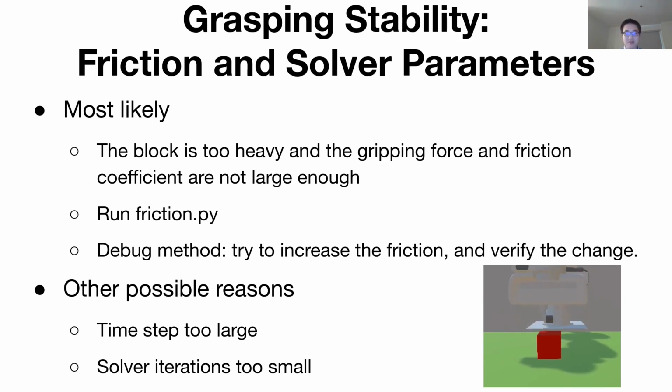To debug this kind of behavior, you can simply increase the friction to a very large number and see whether the grasping would be successful. And there are also other possible reasons. For example, we have too large a time step, or the solver iterations are too small, as mentioned in the previous slide.